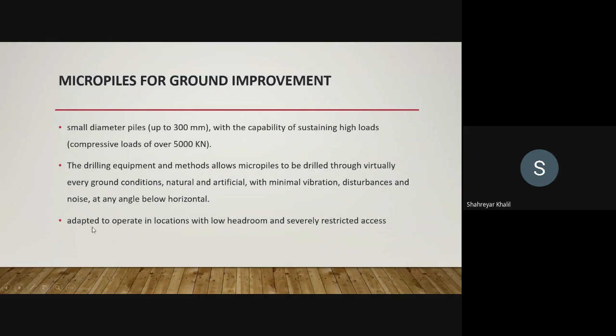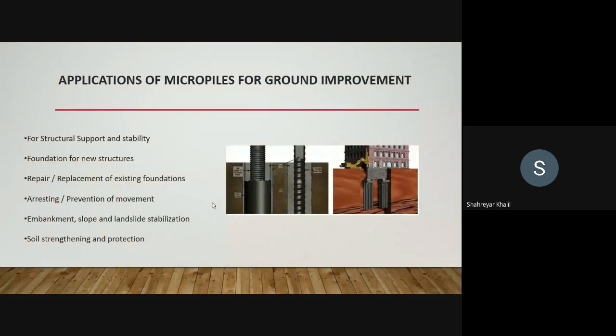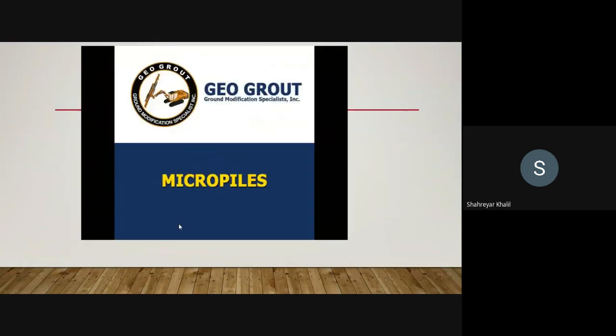Similarly, they can be adapted to operate in locations with low headroom and severely restricted access. These are used for structural support and stability, for foundations of new structures, repair and replacement of existing foundations, arresting and prevention of movement, embankment, slope and landslide stabilization, and soil strengthening and protection.